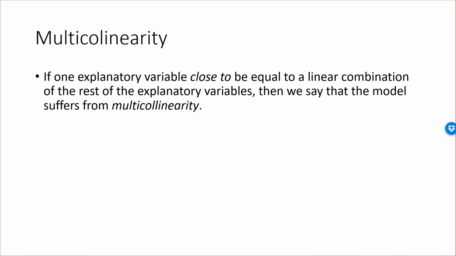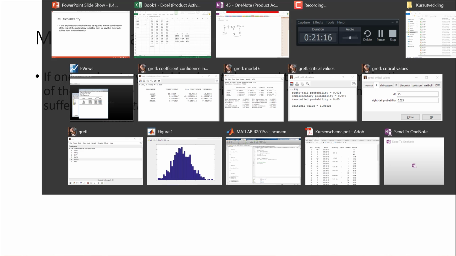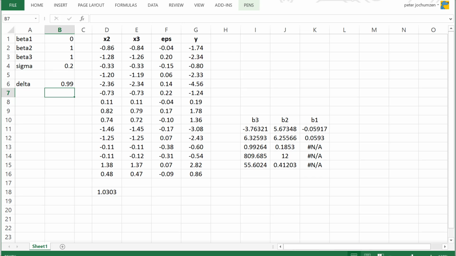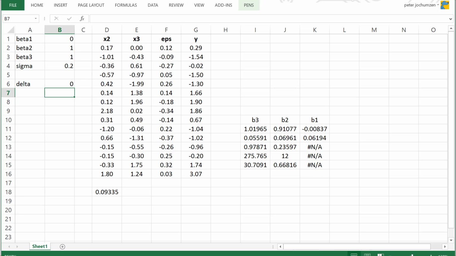So multicollinearity will be the case when one explanatory variable is close to being equal to a linear combination of the rest of them. So in our simulation study, perfect multicollinearity, multicollinearity, and no multicollinearity whatsoever.